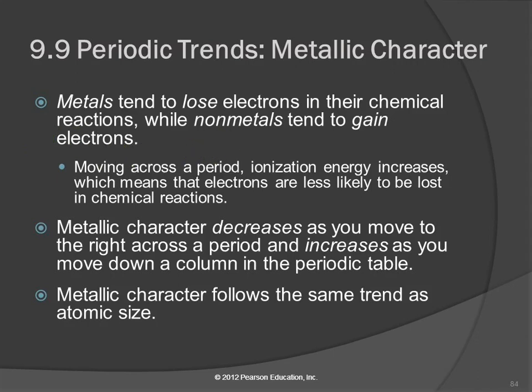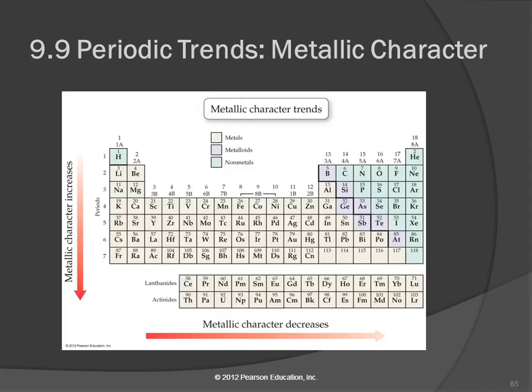One way to think about this is as we move across the period, the ionization energy increases, meaning that electrons are less likely to be lost and the metallic character will be less. It also decreases as you move across, it increases as you go down. It follows the same trend as atomic size. But really all of that's pretty silly.